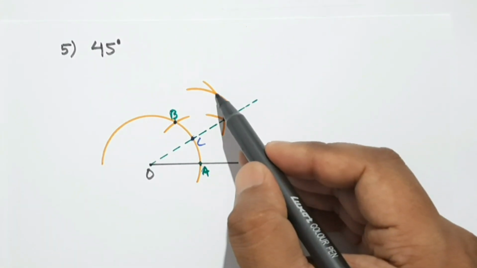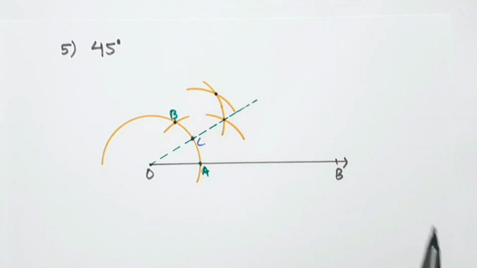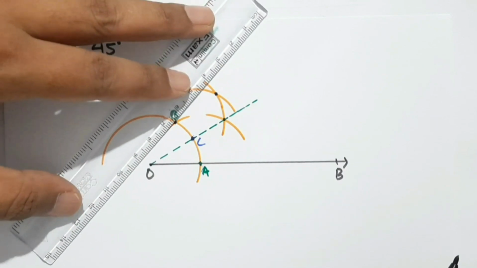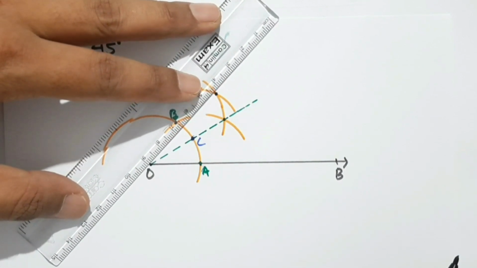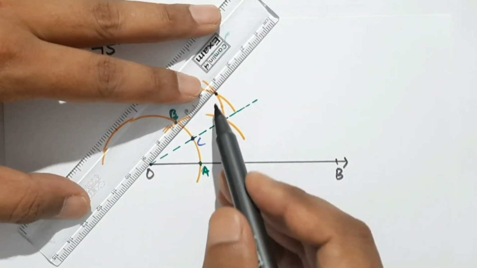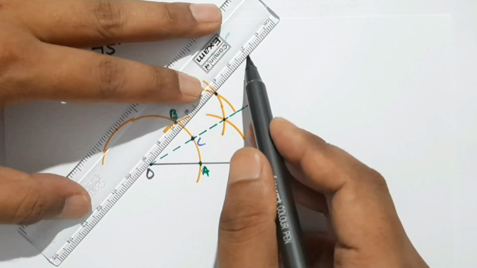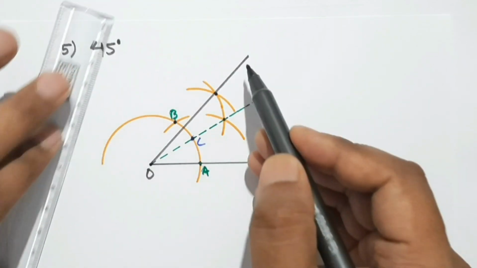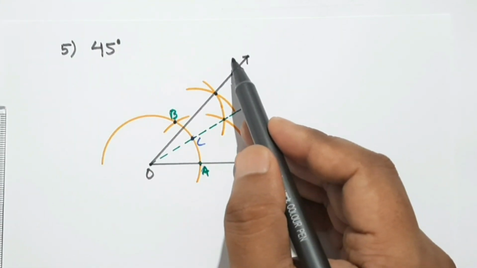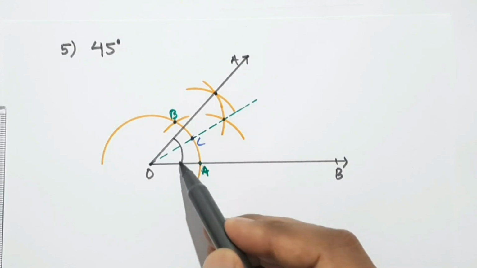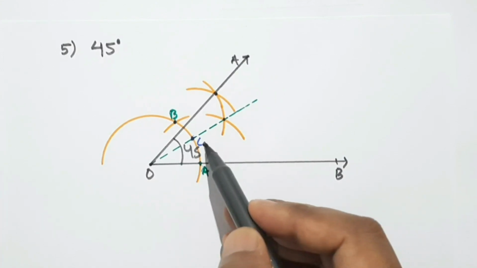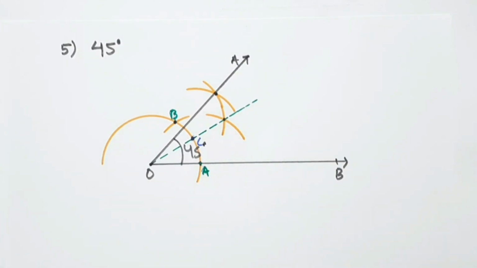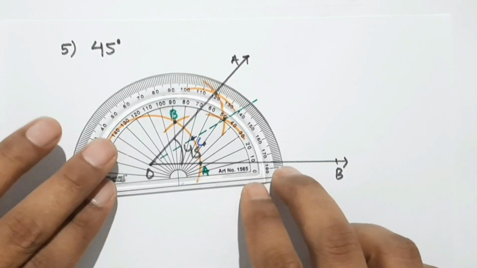Both the arcs cut here. Now we are going to make another ray from O passing through this point. So this is our 45-degree angle, this A. Let us verify by using a protractor.